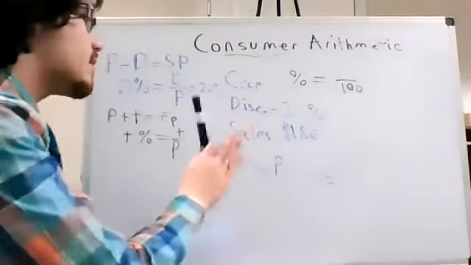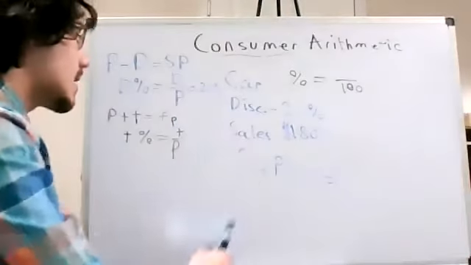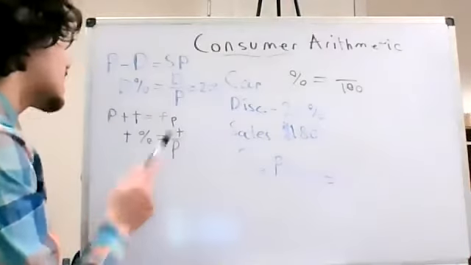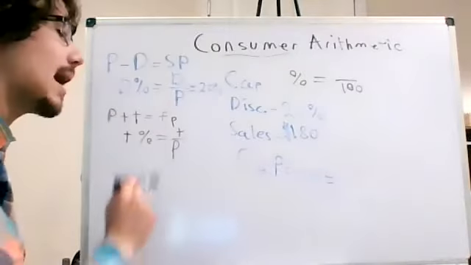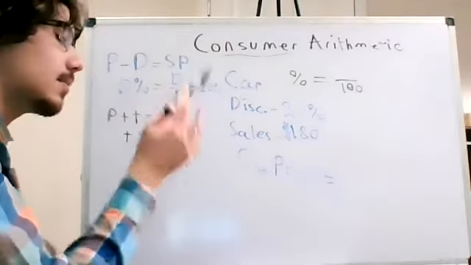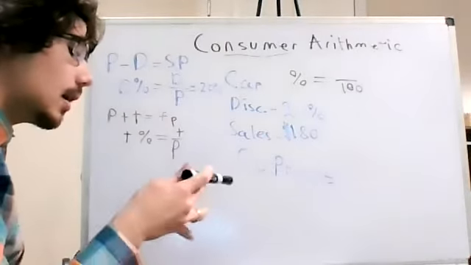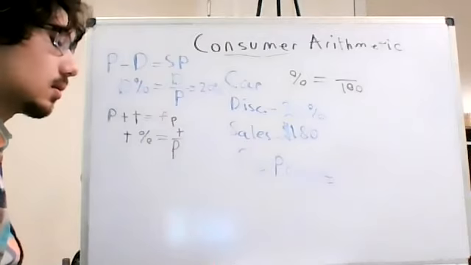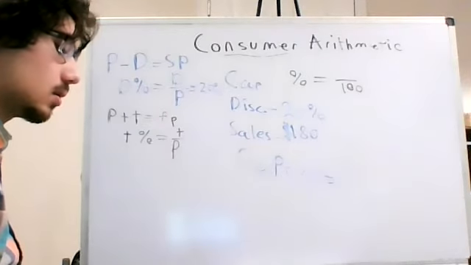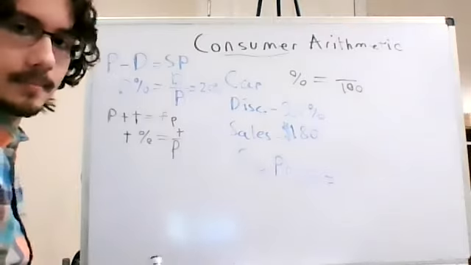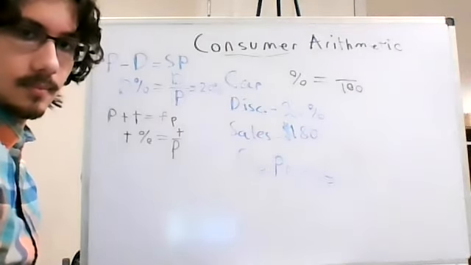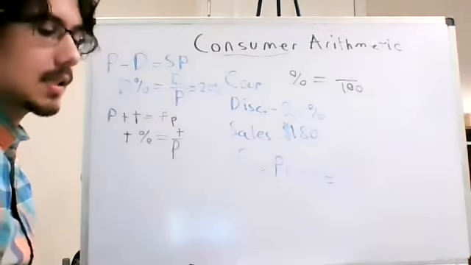Okay, so everything that we applied to the sales is the exact same thing with the tax. The only difference is the tax adds on to the price instead of subtracting it like the discount. Any questions? Okay. Sir, the final price is like the sales price in the other example. Yes. Okay.